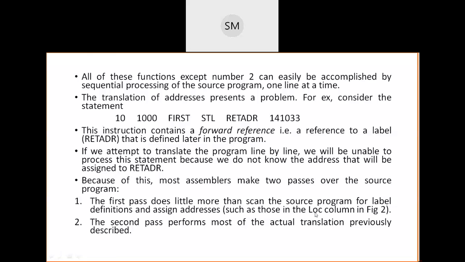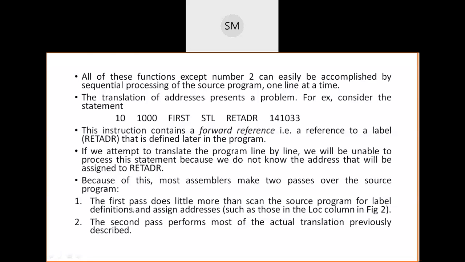So after 1000, you keep on adding plus 3, plus 3, plus 3. These addresses will be in hexadecimal, so sometimes you may get A, B, C, D, E, F like this. If you observe your program, the LOC column, the location column, is what we generated in the first pass. This is the first step of the assembler. First it will generate the location column. So first we should assign addresses to all the operands.